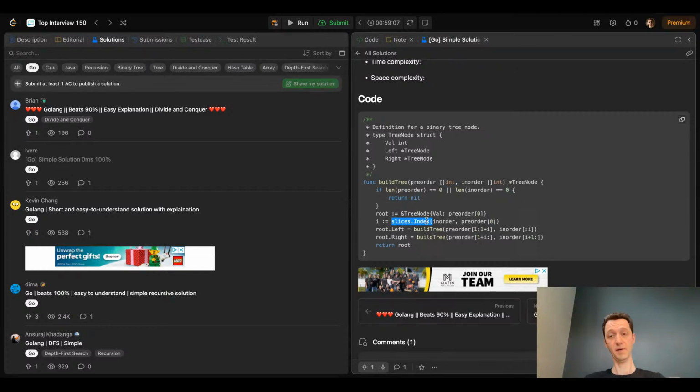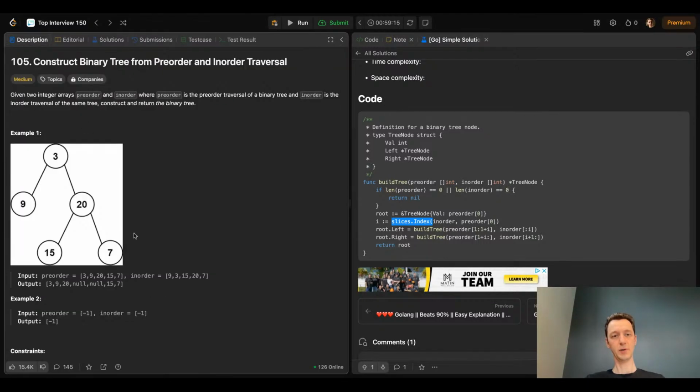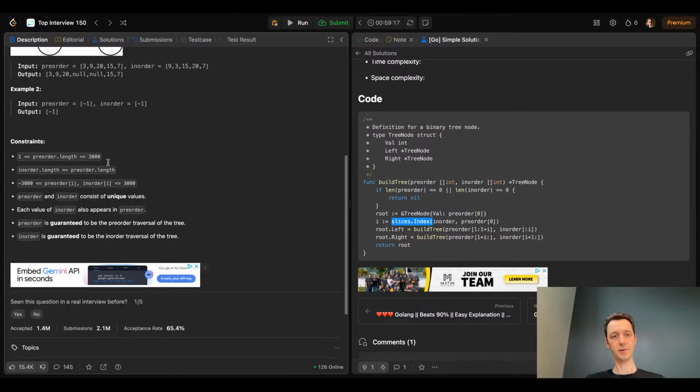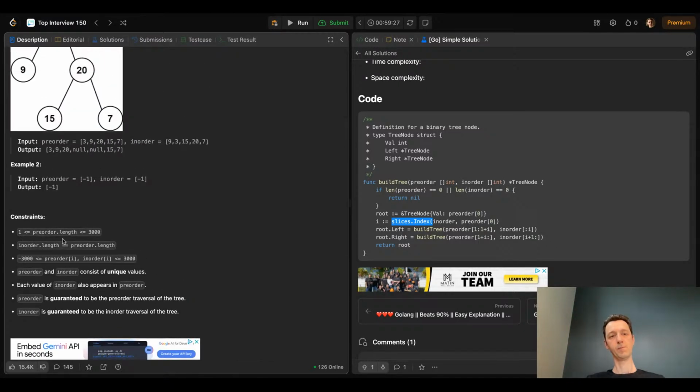In terms of time complexity, I'm thinking they would look into the slice for the first occurrence of this number. So it could be n-squared-ish, but it's fine.